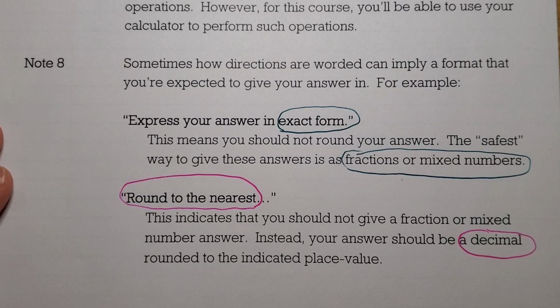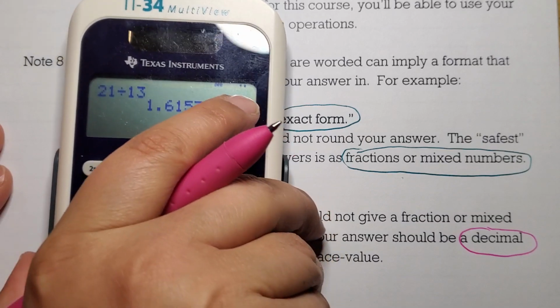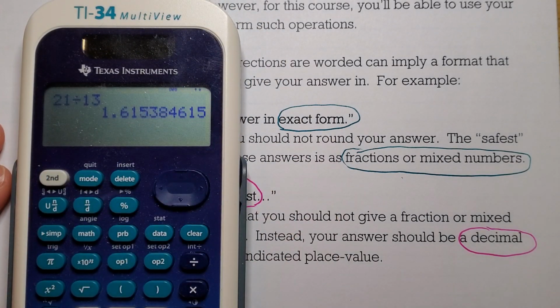And sometimes this is because of the context of a problem. So for example, let's come back to this one here. Let's say this problem that I was working on was money, and I wanted to know how much I'd have to pay for a tax. Well, in that case, I'm not going to pay $1.615384615. I'm going to pay $1.62.